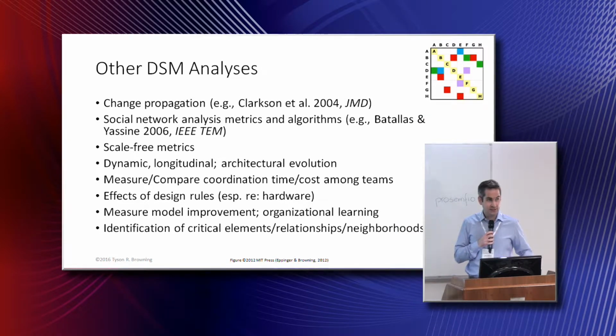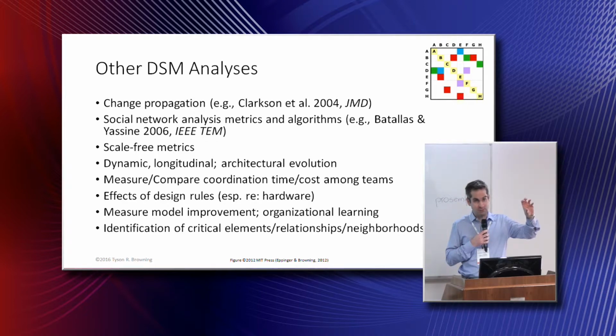There are other DSM analyses besides clustering and sequencing. Many of these have been done, and there are even more possibilities. One of the big ones has been change propagation. This one has been around for a while, especially for product DSMs. If you change one component that's related to other components, you can see the direct change effects, but then indirectly, how much further might these changes propagate onto other components?